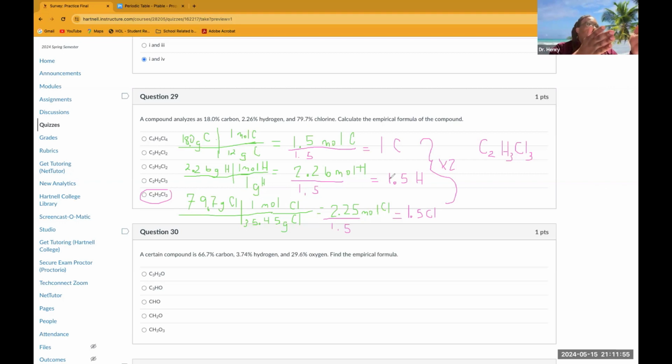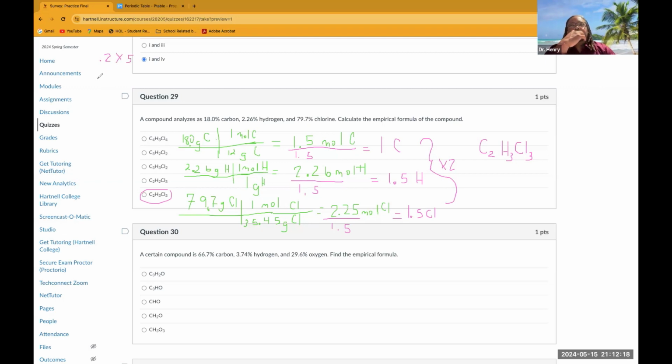If it's 1.9, that's close enough to a whole number that it's okay. But if it's anywhere from 0.8 down to like 0.2, then you're gonna have to find a number to multiply it by. And the rule is, if it ends with 0.2, you're gonna multiply that by 5.